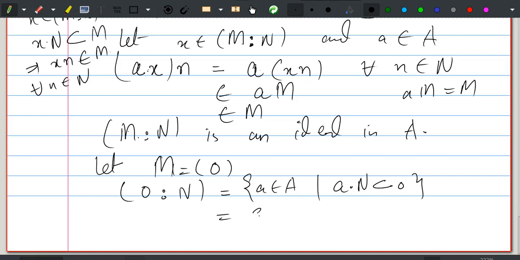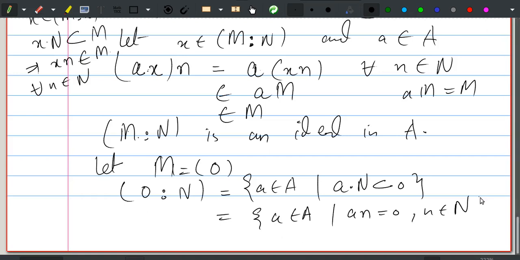This is the set of all elements in A such that a times small n is 0, where this n is in N. Since we have defined the annihilator of a module, this is actually the annihilator of this A module N.